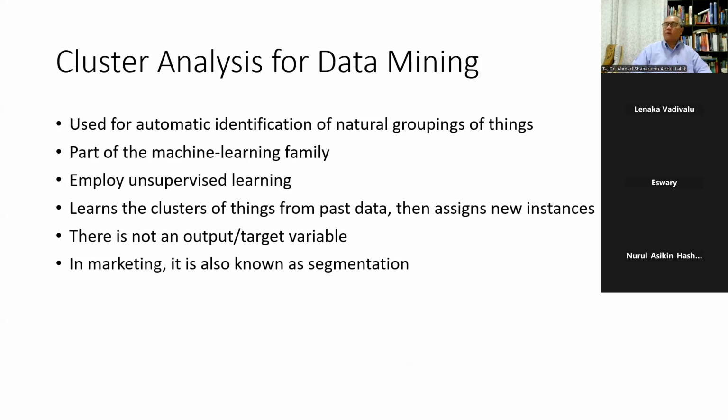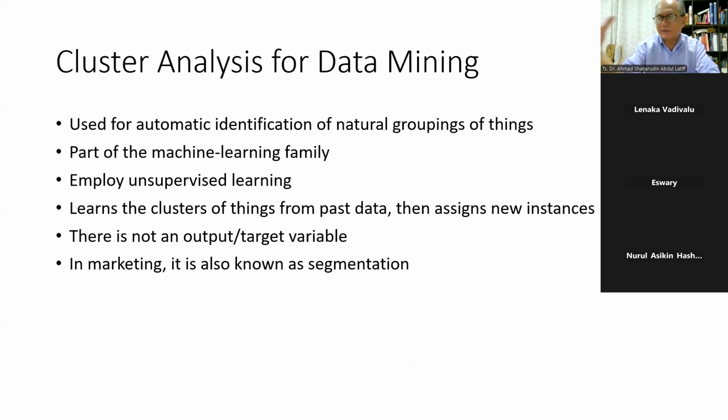Now we move into cluster. Cluster is similar to classification. One thing, cluster is called unsupervised learning. Why is it unsupervised learning? Because it is still part of machine learning, but there is no target, there are no classes or attributes that we have to compare and predetermine which set of classes this data falls into.